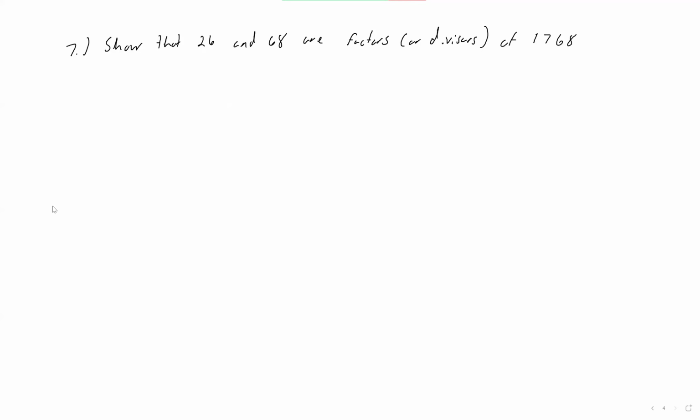Best way to do that, or really the only way to do that, is you're going to take this 1,768 and divide each of them to see if you end up with no remainder. So what I'll do is I'll start with 26 first.